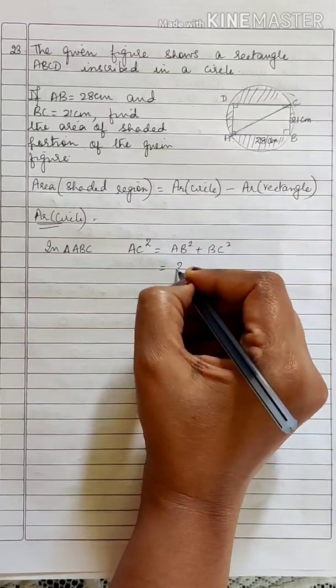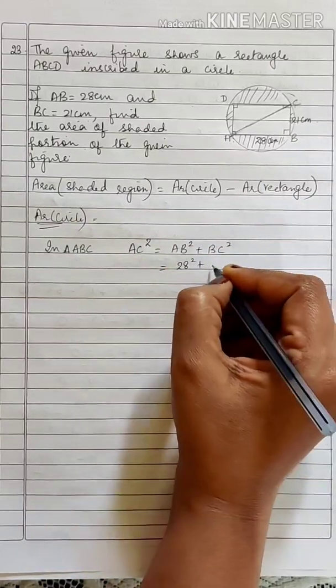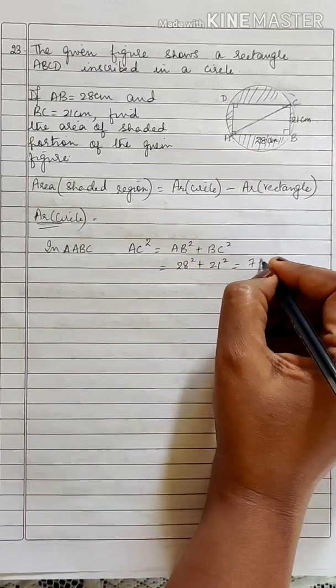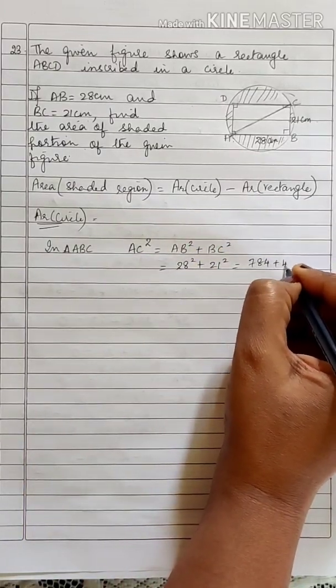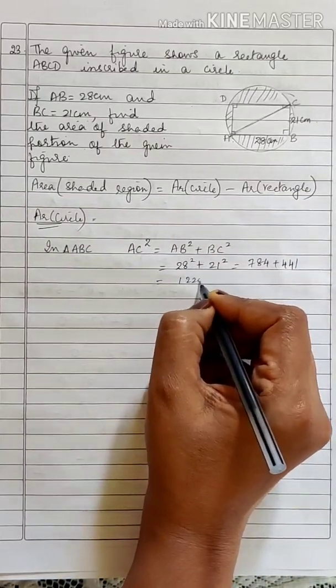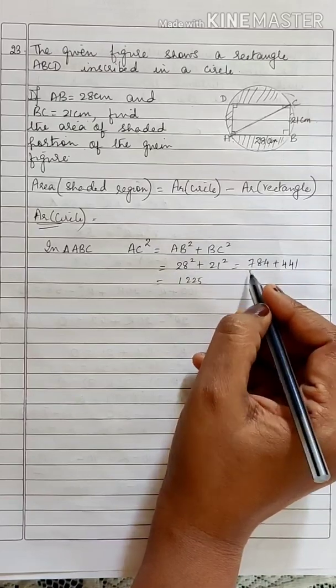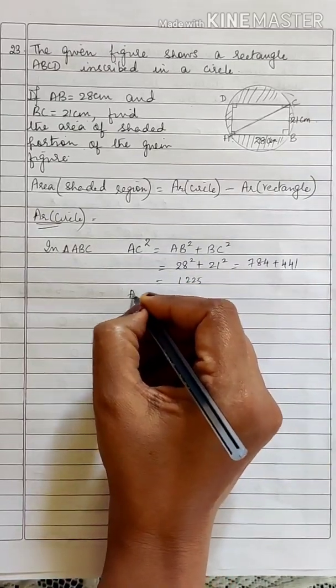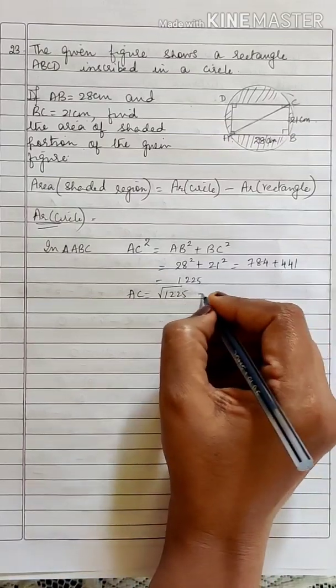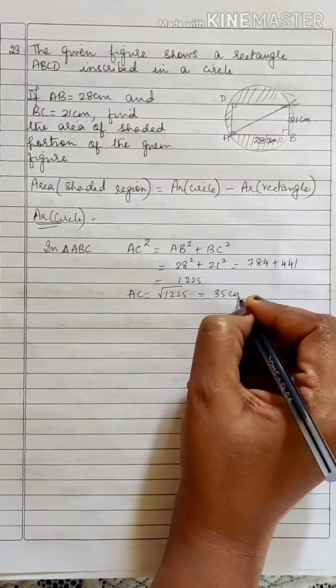So AB square is 28 square and BC square is 21 square, which will give you 784 plus 441, which is 1225. So AC will be equal to square root of 1225, which is equal to 35 centimeter.